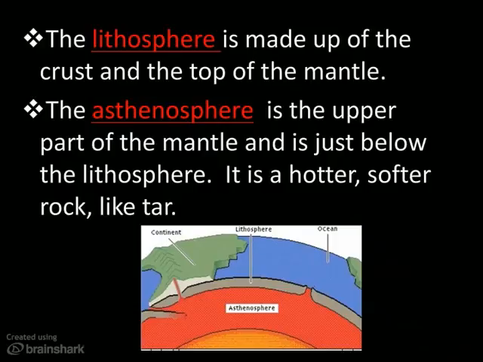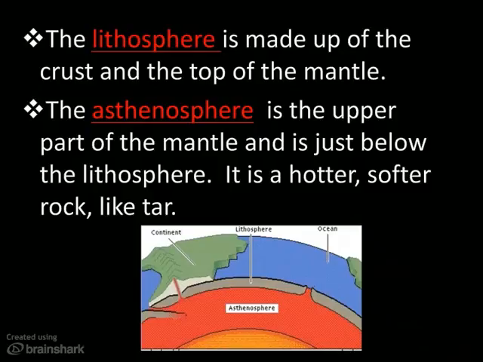So first you have the lithosphere that includes the crust and the very top part of the mantle. And then you have the asthenosphere, which if you look down at the diagram below, you see it's that thicker part, and that's the upper part of the mantle that's just below the lithosphere.